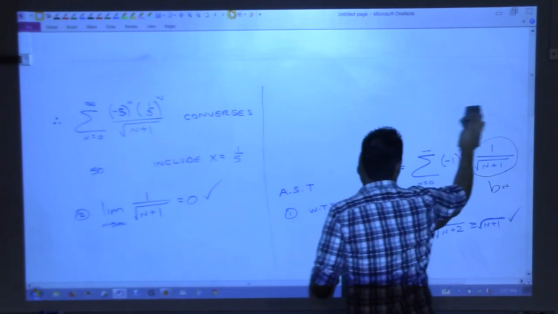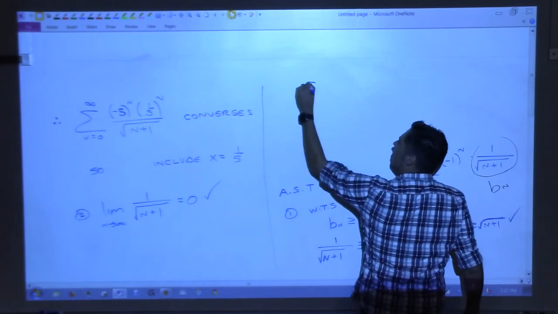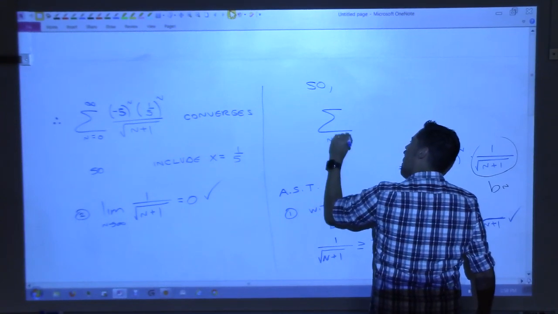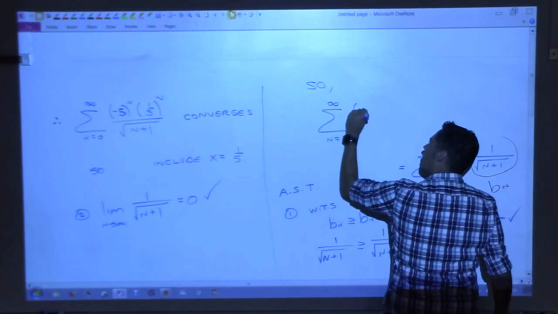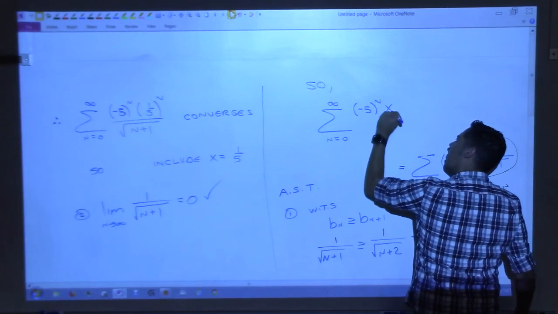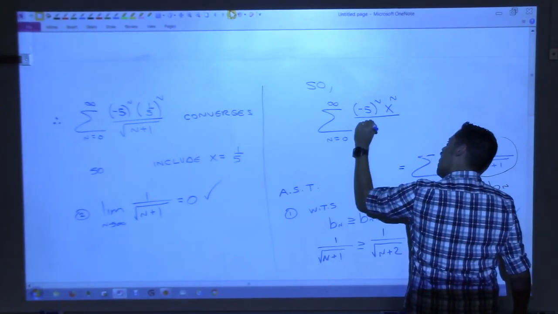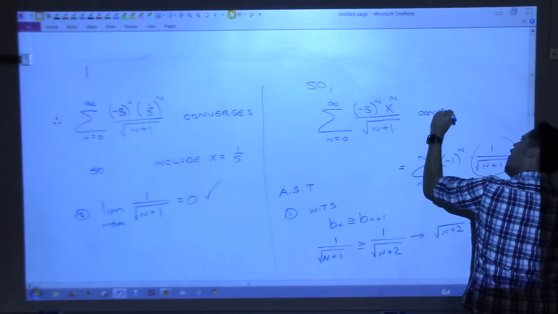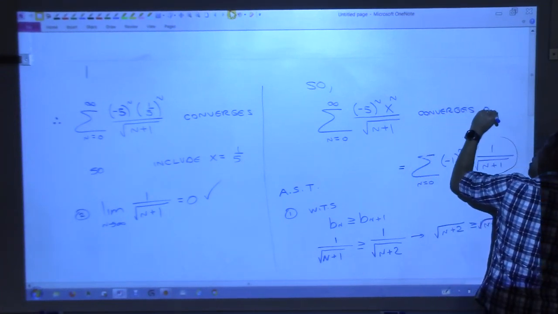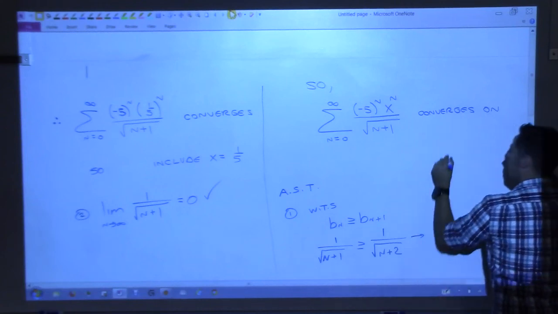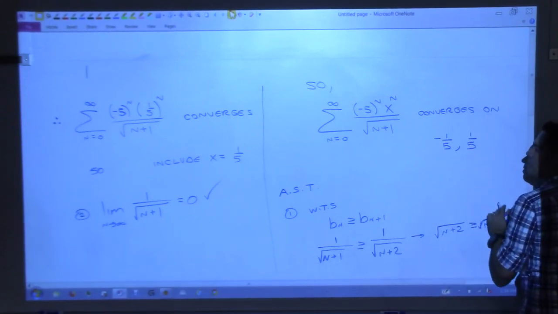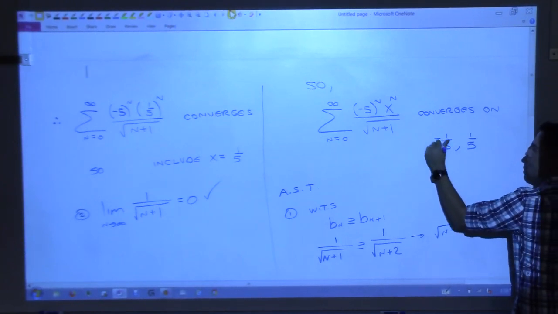So our final answer. So this series converges on the interval, we do not want negative 1/5.